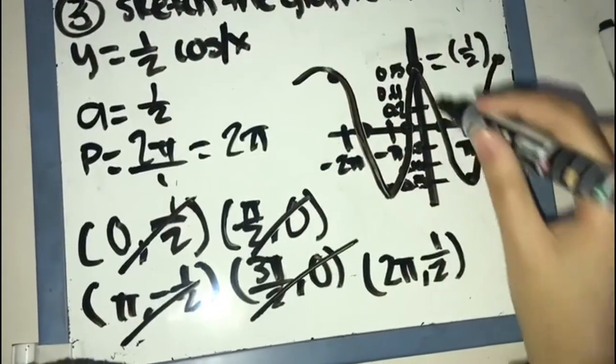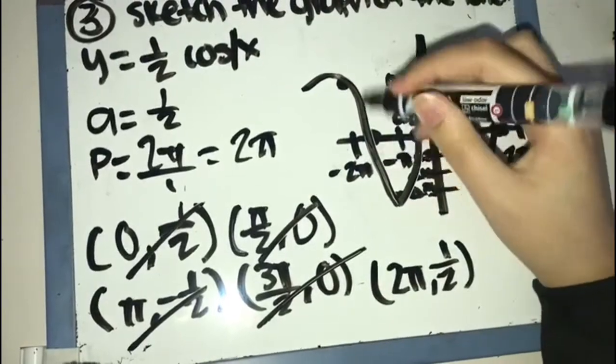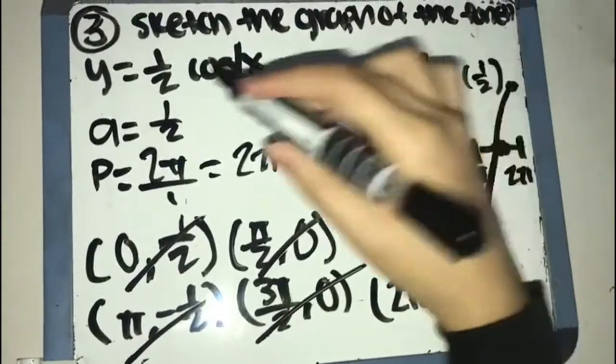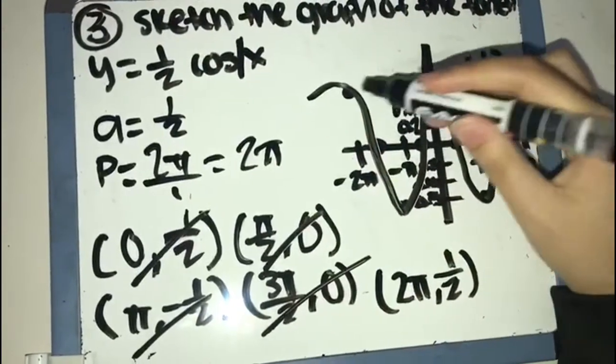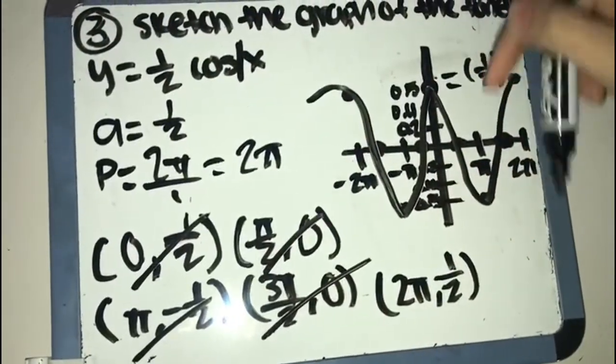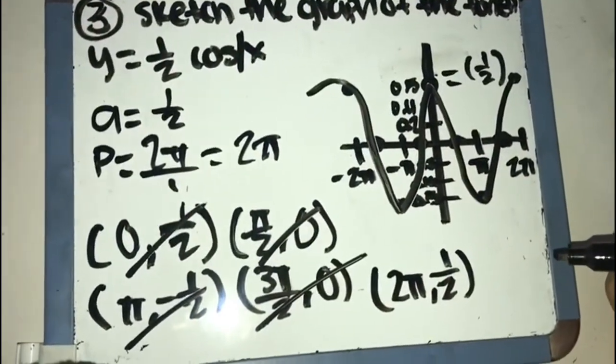It's going over like this, because cosines are always in this kind of position. But if it was a negative cosine, a negative amplitude, it would be positioned downward. But right now it's going to be up. So this is how you solve cosine graphs.